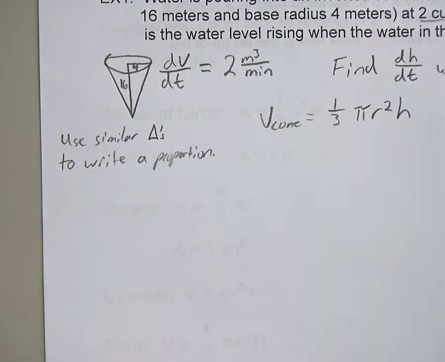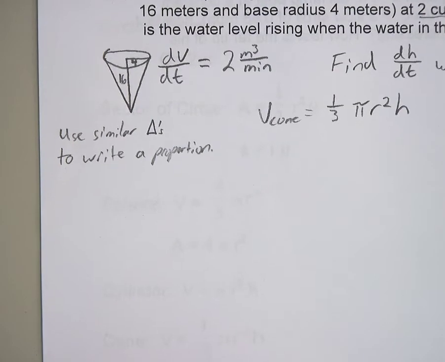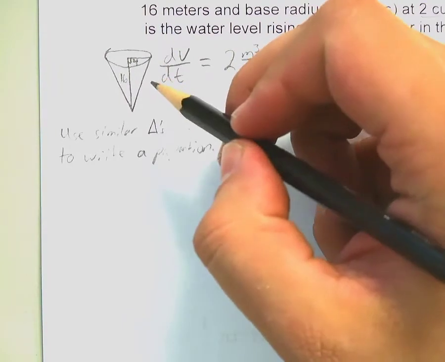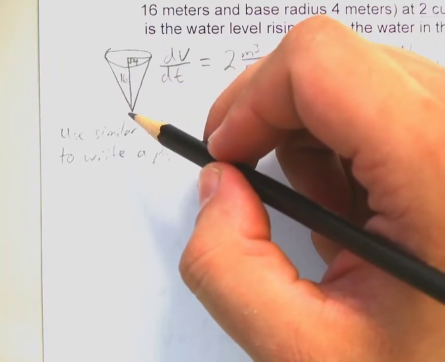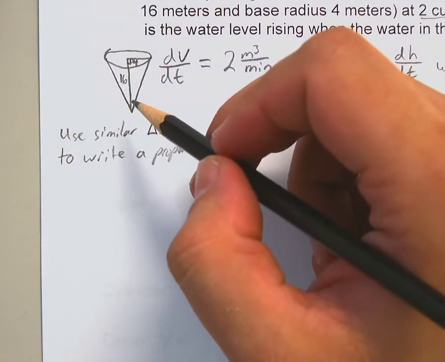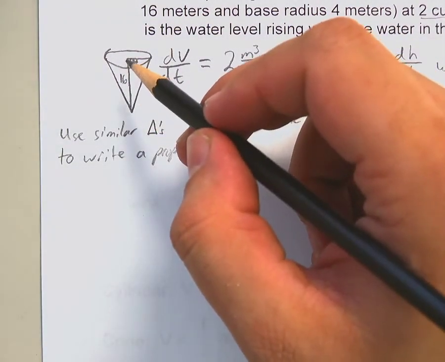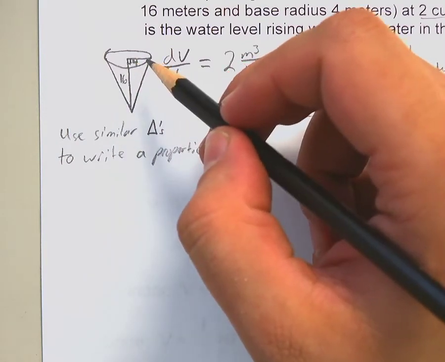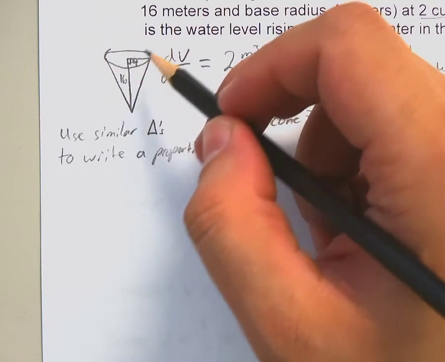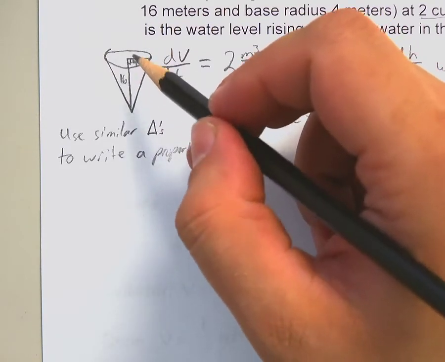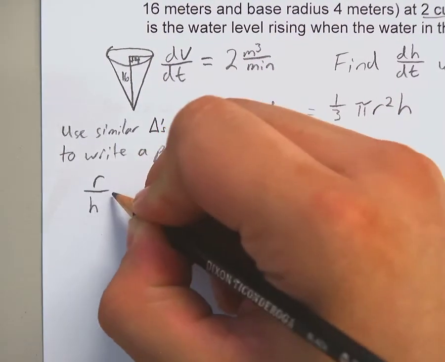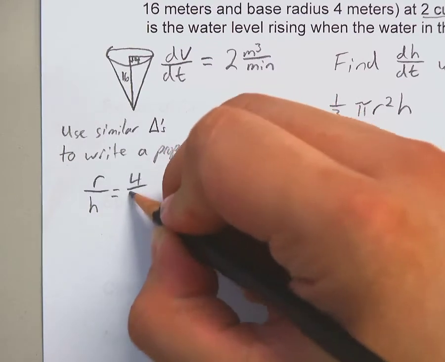What I mean by that is I know that the triangle that forms right here with my point on the center of the circle and the side of the cone, that triangle has a standard ratio of radius to height, right? So in other words, r over h is going to be 4 over 16.